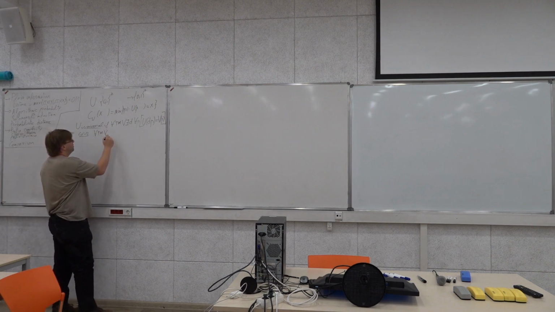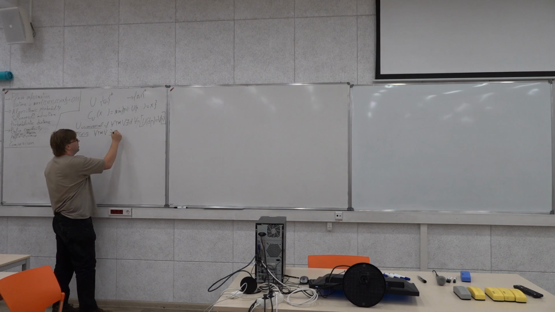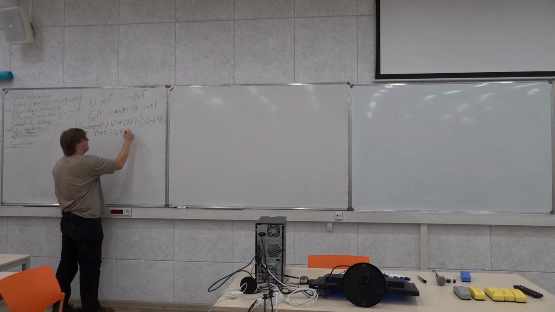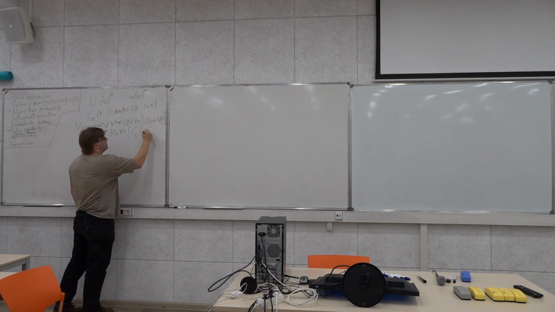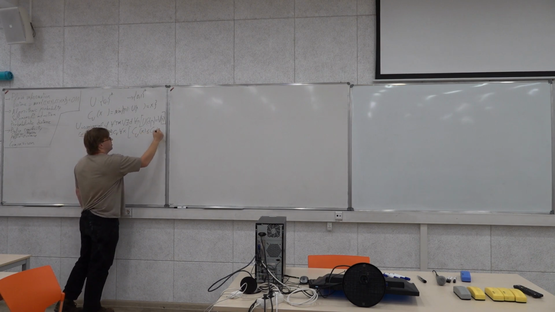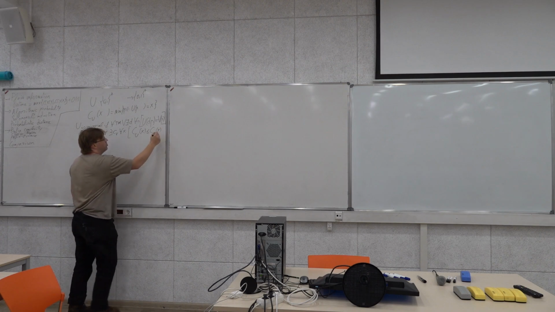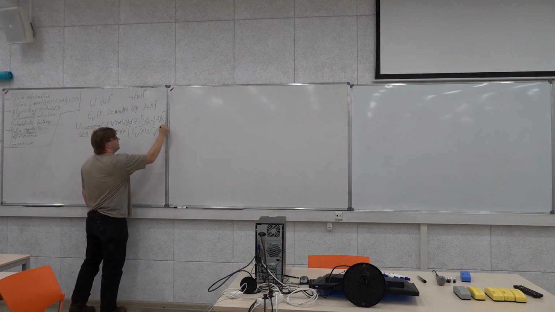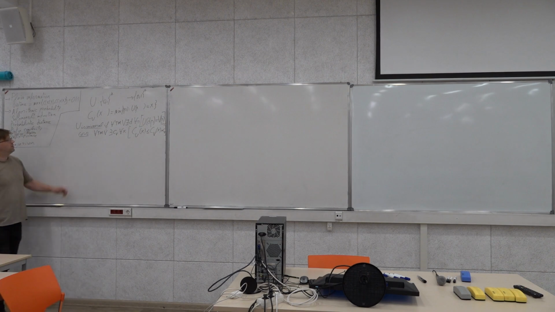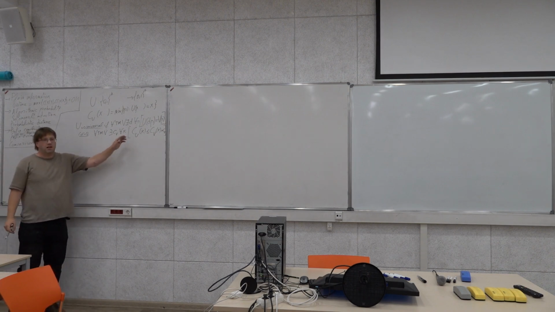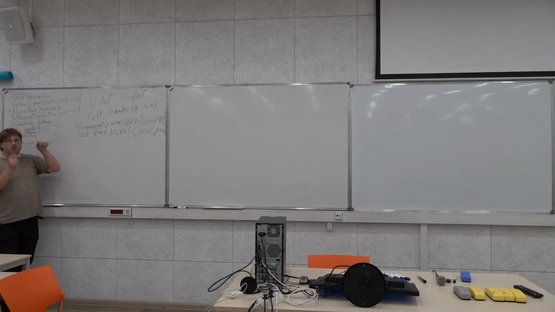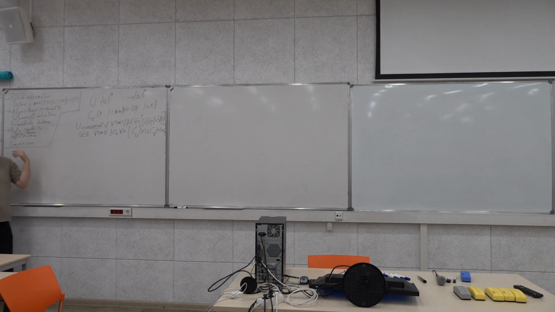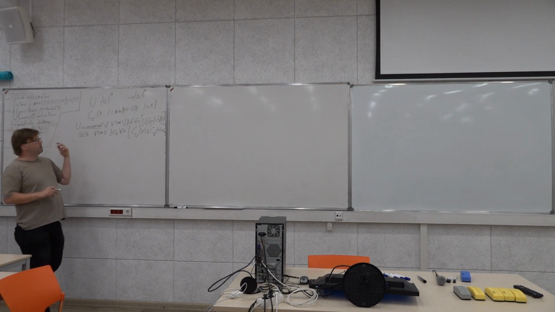For every Turing machine V, there exists some constant C_V depending on V such that for every X, the Kolmogorov complexity according to U is smaller than the Kolmogorov complexity according to V plus this constant C_V. It means that if we take two universal Turing machines, the Kolmogorov complexity functions are equal up to some constant.